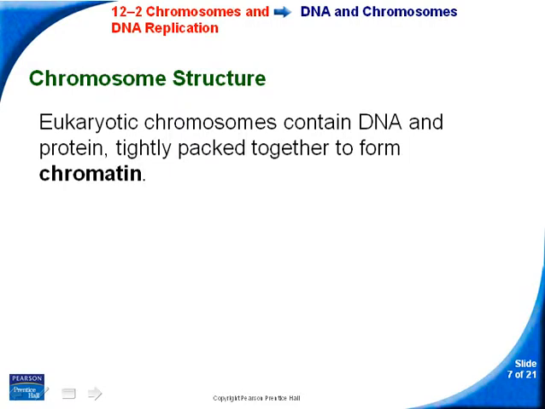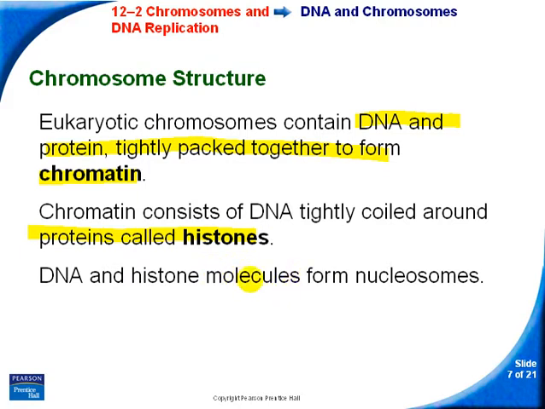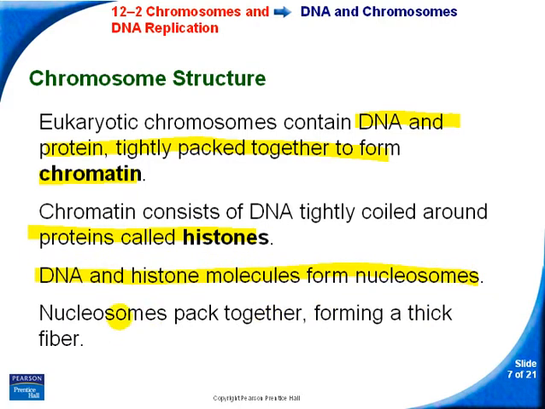The chromosomes contain DNA and protein, and tightly packed together, these two create chromatin. The proteins are called histones, and the DNA is coiled around them. So DNA and histone molecules form nucleosomes, and the nucleosomes pack together, forming a thick fiber.